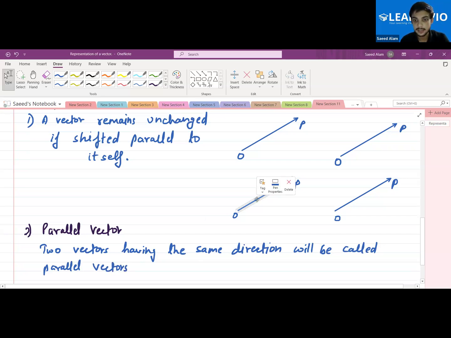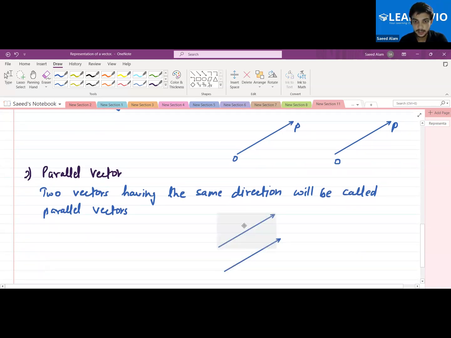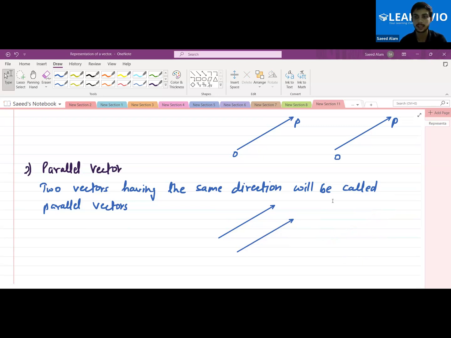So let us draw it here. For example, I'm drawing it here, and I'm drawing it here also. This will be called a parallel vector because they are parallel to each other, pointing towards the same direction. So that will be called a parallel vector.